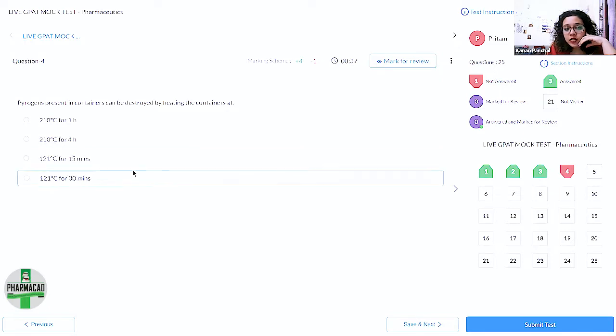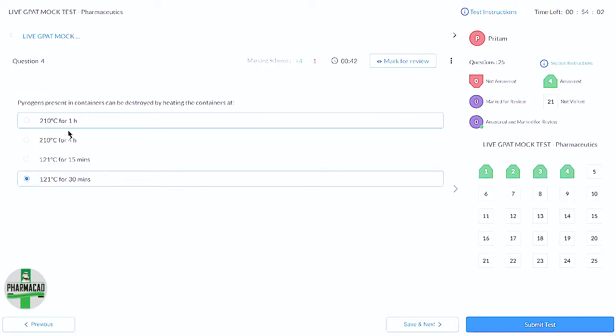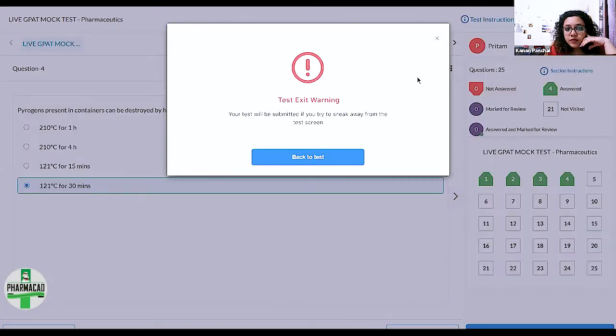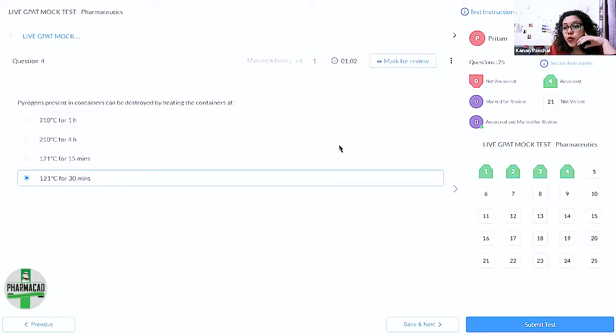All right. So the option is D. 210 is never the case. Autoclaving is what is being discussed here. Moist heat sterilization, right? So it is option D, 121 degrees, 30 minutes. 30 to 60 minutes is the time.